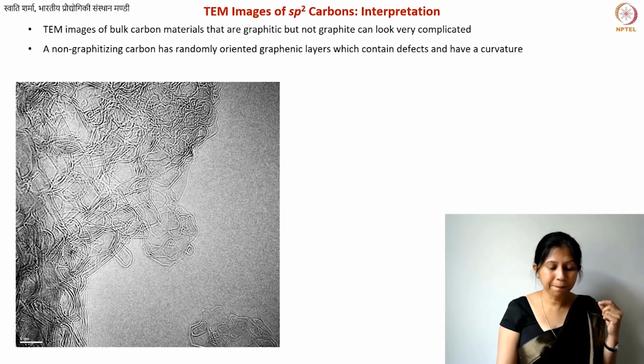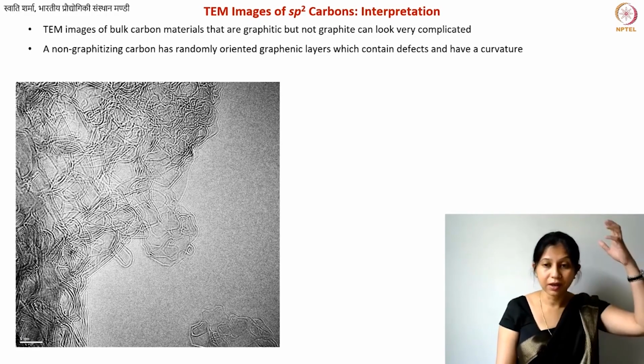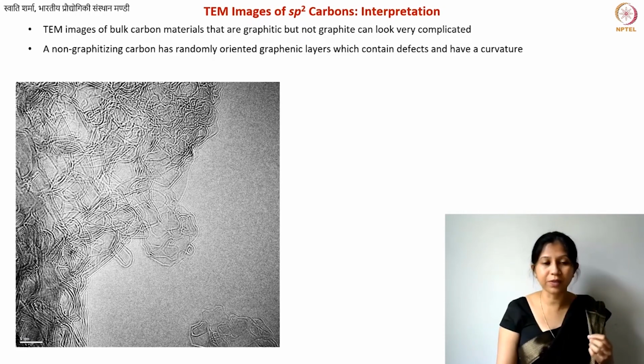Because if you carbonize a polymer, you will also have some byproducts, some tarry materials, and you don't want to contaminate this very expensive machine. So you want the quantity of material to be as small as possible. Anyway, this is the image of some non-graphitizing carbon.